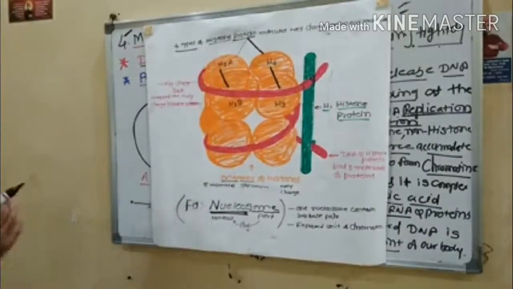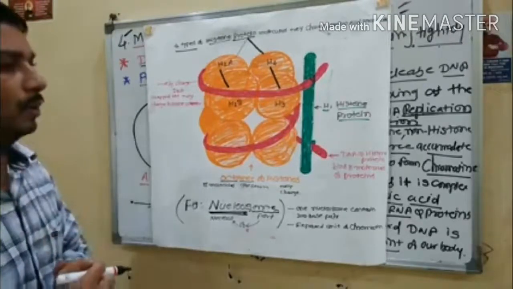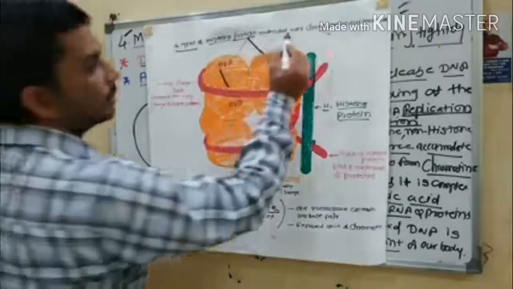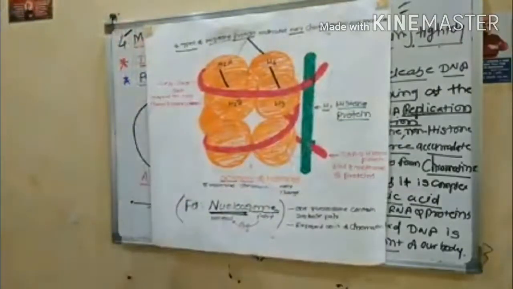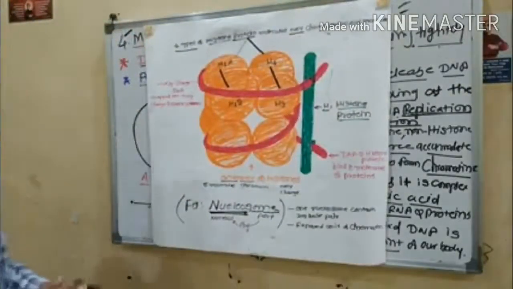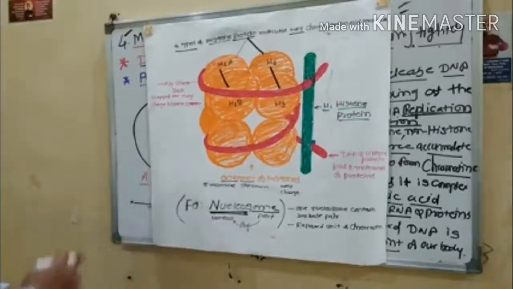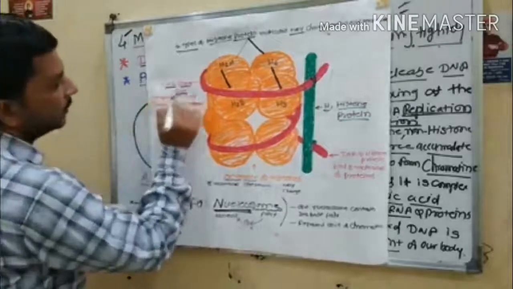They are also called amino acid molecules. These positively charged histone proteins are wrapped by the negatively charged DNA.